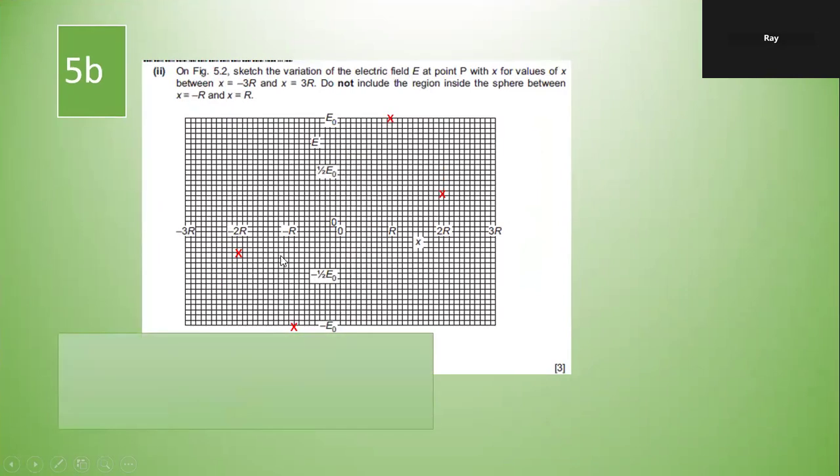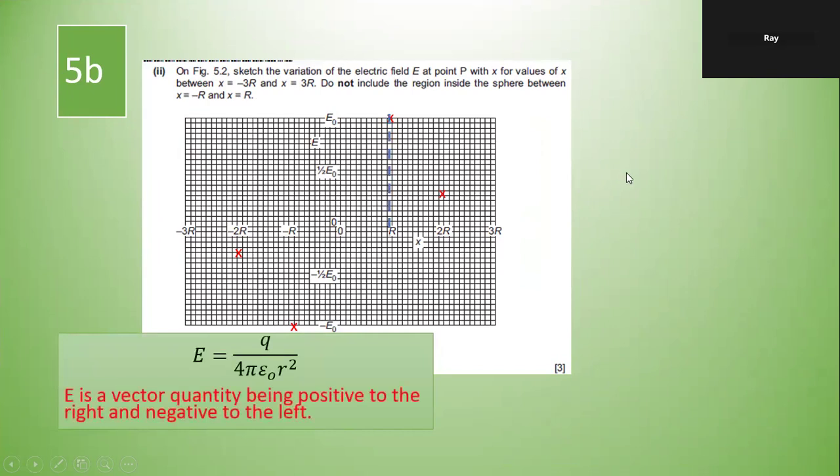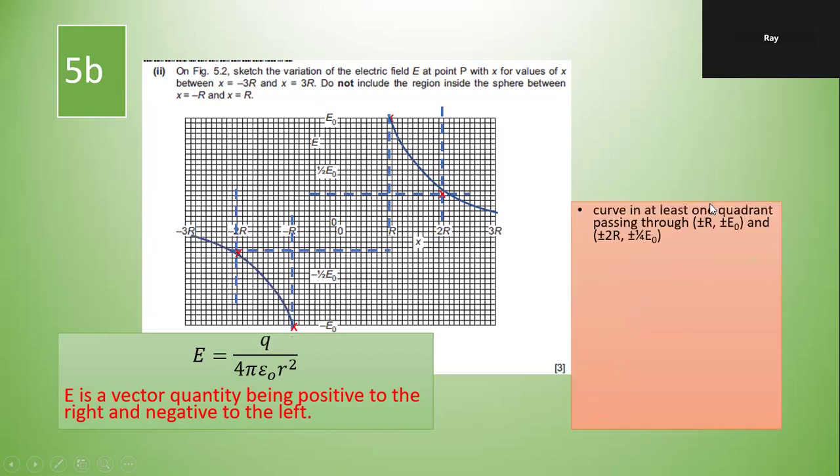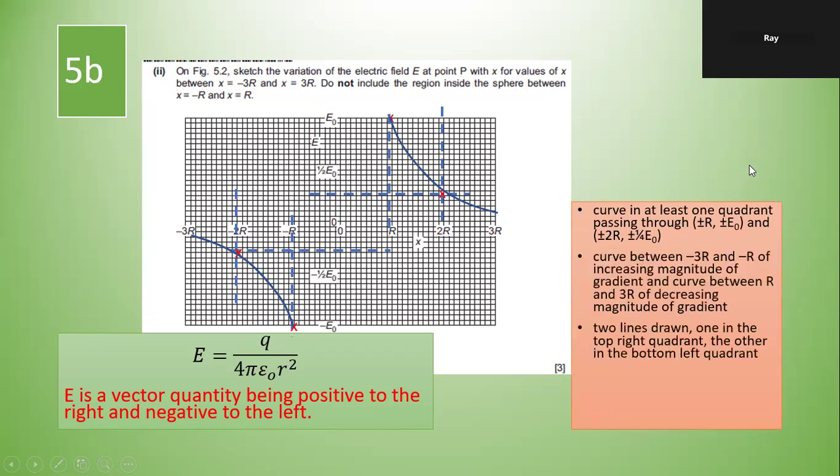Then they are looking at this point at 2R, which is a quarter E naught, and draw the graph. Don't worry about this point because it is hard to estimate. They are interested in these two points. That's how you get the 3 marks. Any comment?